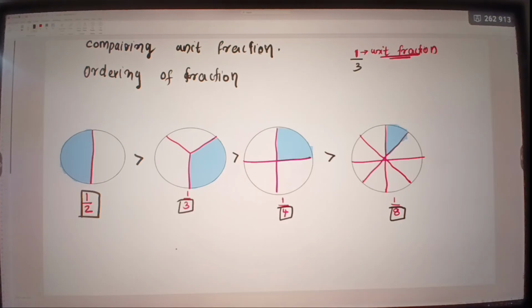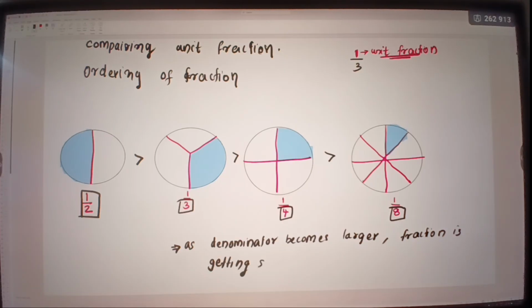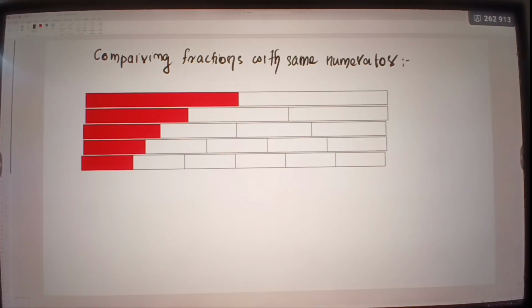So as the denominator increases, we can observe that as the denominator becomes larger, fractions are getting smaller. That is one thing you can figure out from this. As the denominator gets bigger, the fraction gets smaller. Now comparing the fractions with same numerator.